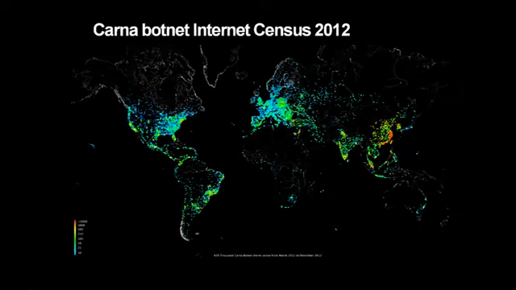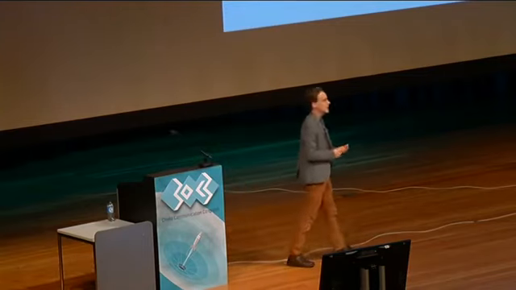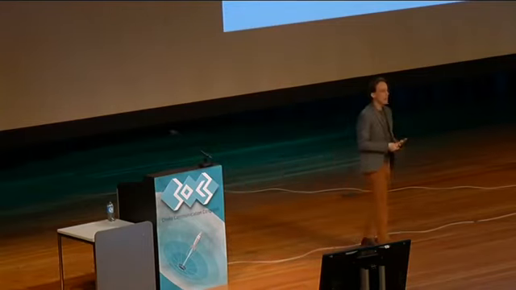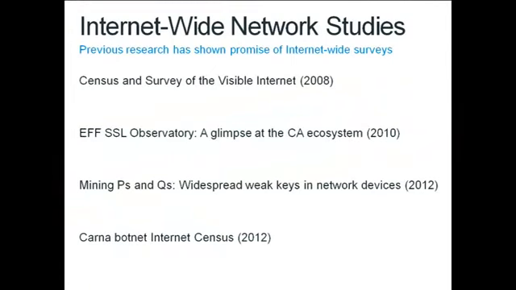So they got a huge volume of really, really interesting data from that, as the EFF did when they were probing HTTPS. But what I think is true about both of these studies is that they're both really impressive in terms of what they got, but also were a tremendous amount of effort, of time, for the people who did them. I don't think every one of us is able or willing to create a botnet, at least I hope not, for purposes of internet-wide research.